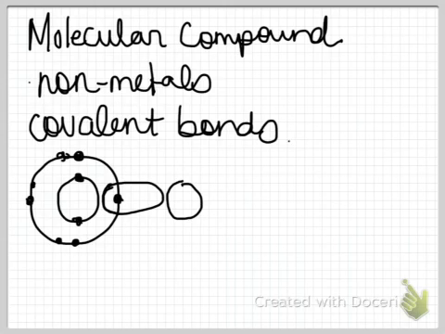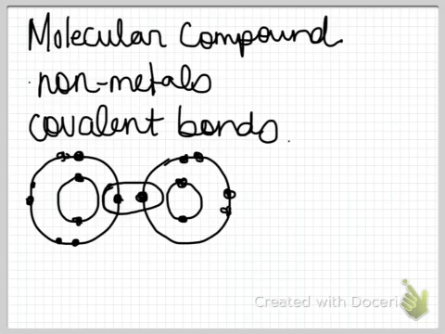I'm not putting in the element in the middle because I'm just making this up as I go. So here, these guys are going to share to make a covalent bond. So they're sharing this bond, and that's their covalent bond.